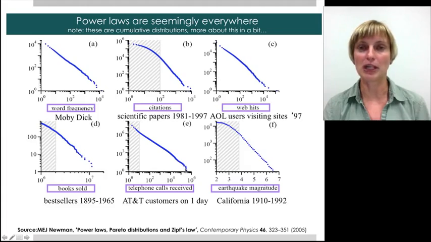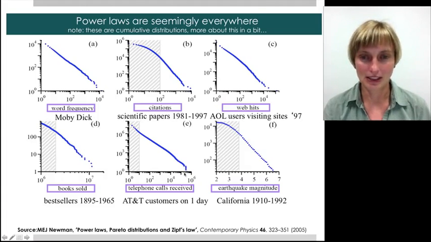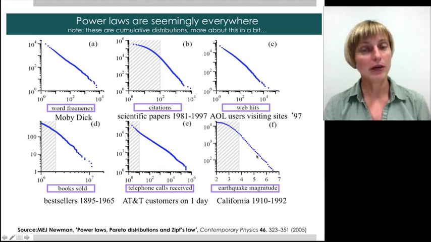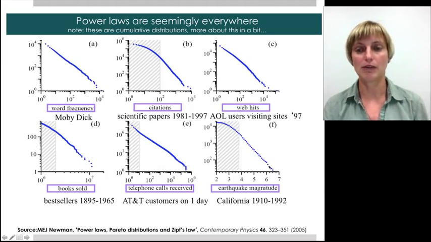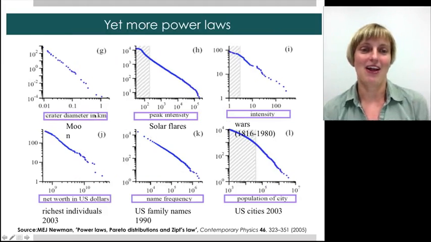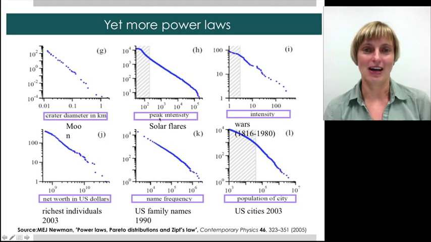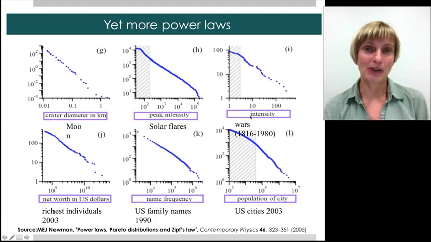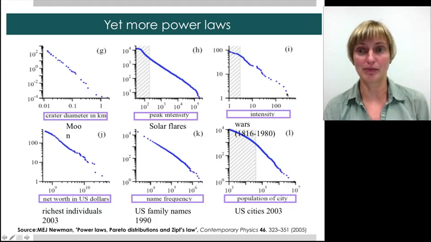Now, you might imagine that this is some sort of call center that received over 100,000 calls in a single day. Earthquakes, many, many small earthquakes, a few really large earthquakes. Yet more power laws: crater diameter, peak intensity of solar flares, casualties in wars, lots of small skirmishes, and then a few really large wars, very costly in terms of human life.